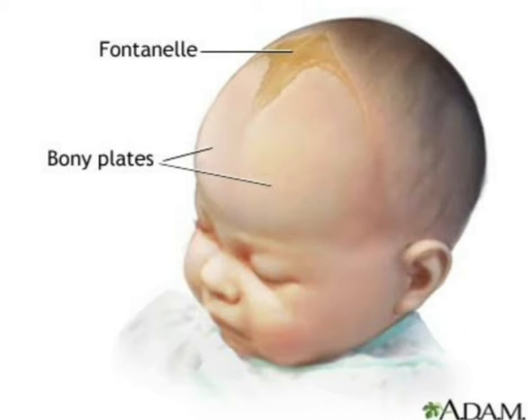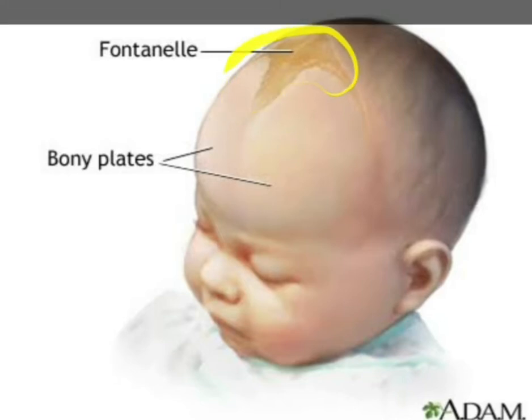Normally when we touch it, the fontanelle should feel firm and very slightly curved inwards. In meningitis patients, we can see bulging of this fontanelle. You can see this structure here.